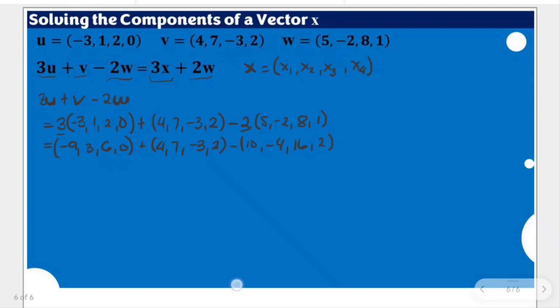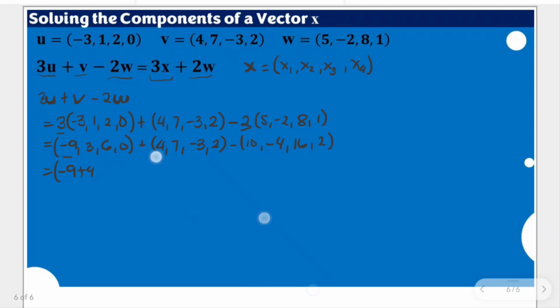Then you can now implement all of this. So you have this expression here, negative 9 plus 4 minus 10 for the first entries. Second, 3 plus 7 minus negative 4. Next, you have 6 minus 3 minus 16.